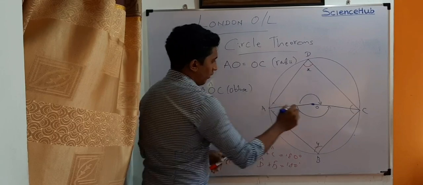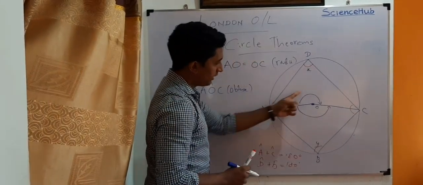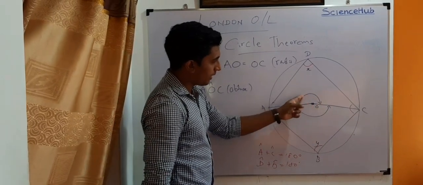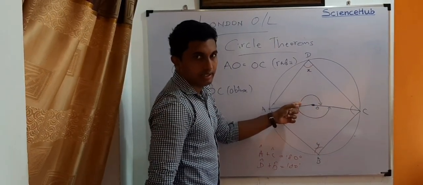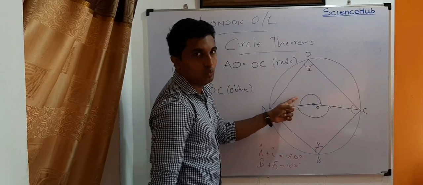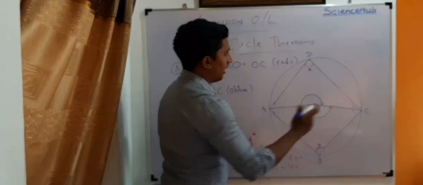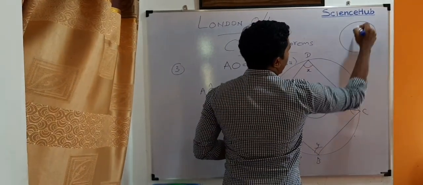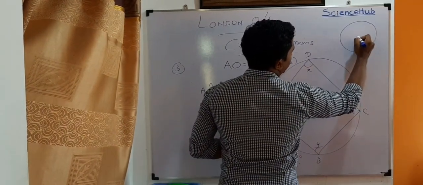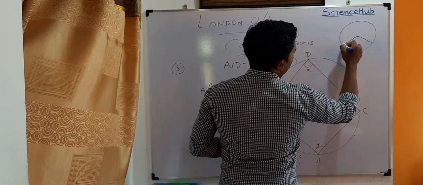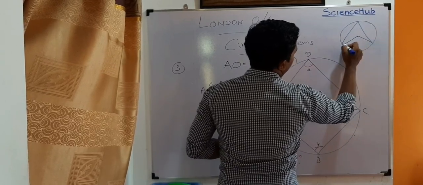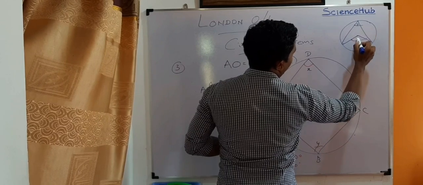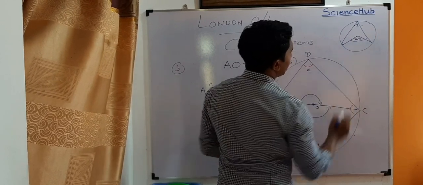If this angle is y, then what could be the value of this one? This one should be 2y. Why? Remember your first theorem.